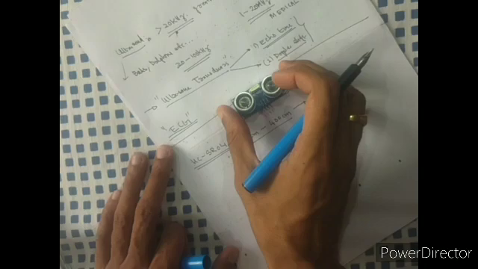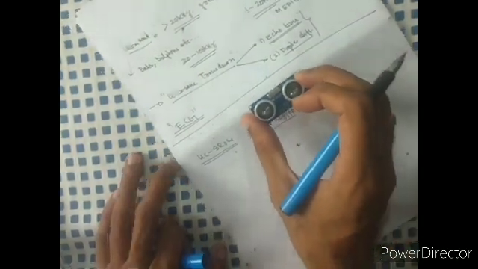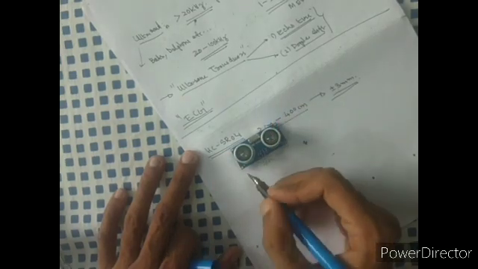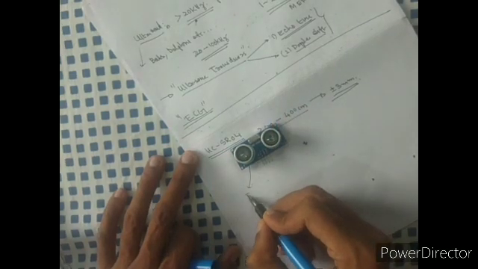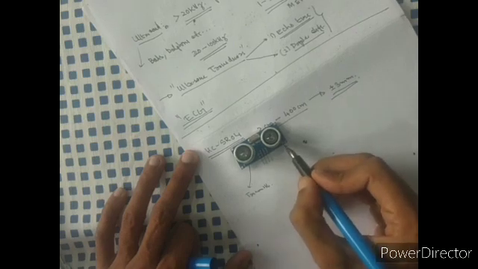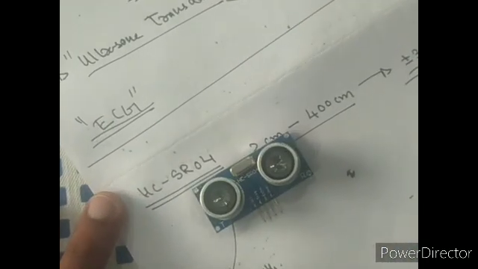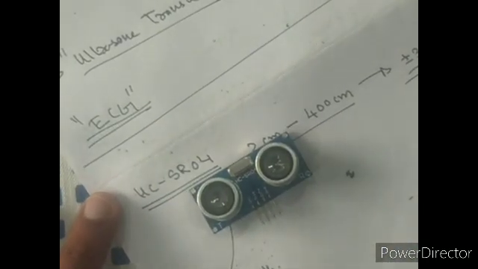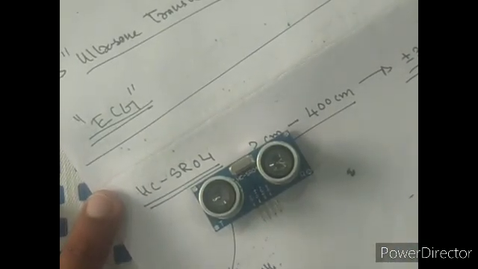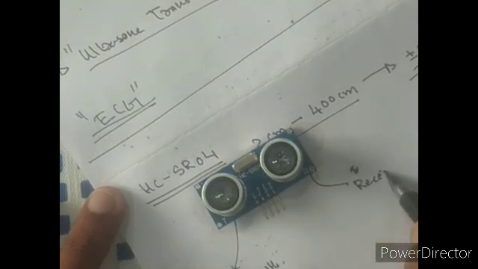Basically this module has three subsystems. This one is the transmitter; T indicates the transmitter, and R indicates the receiver, so this is the receiver.